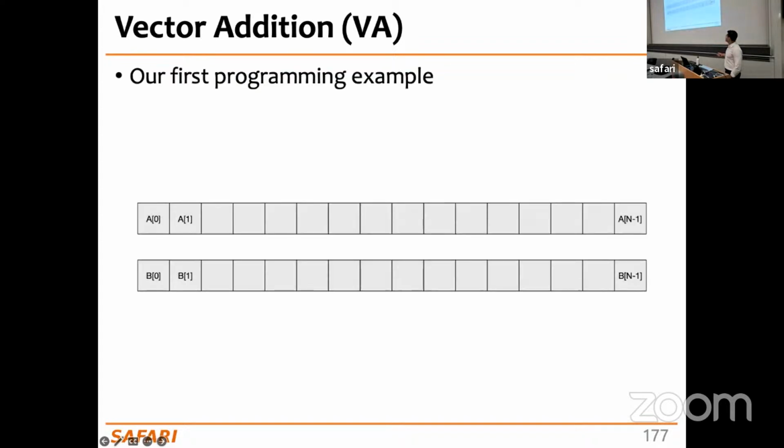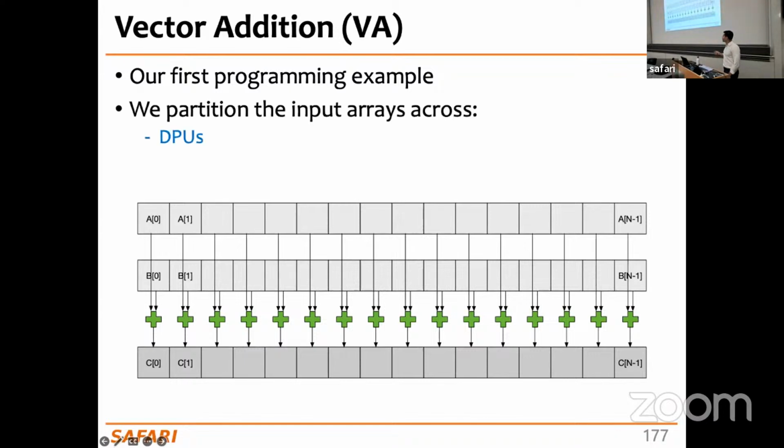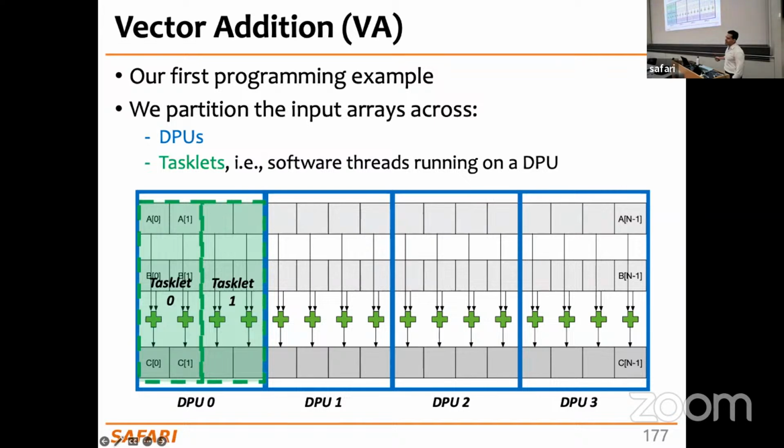Let's say that you want to add 2 input vectors, A and B, and generate a third vector, C. For you to do that, you're going to have to move the data from A and B to the MRAM in the DPUs, partition the data across the different DPUs in the system, and then partition the data inside one DPU across the different software threads, called tasklets, that execute in parallel inside a single DPU.